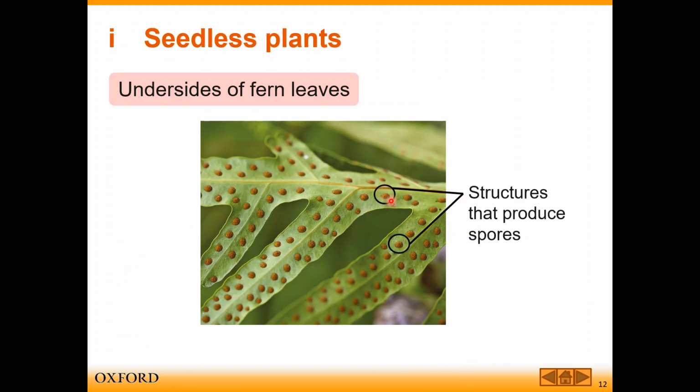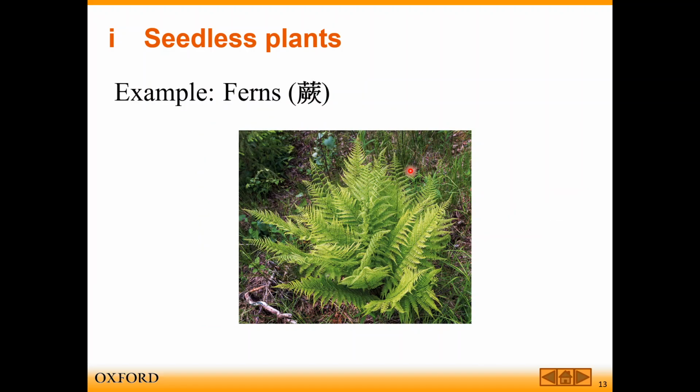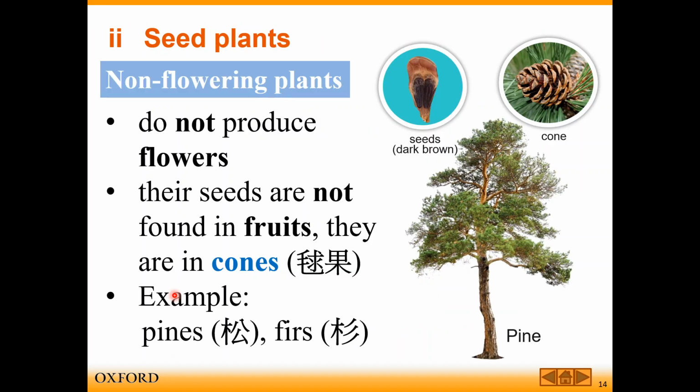Look closer here, the brown spots are spores. The spores are used to reproduce in these seedless plants. The most common examples are ferns.